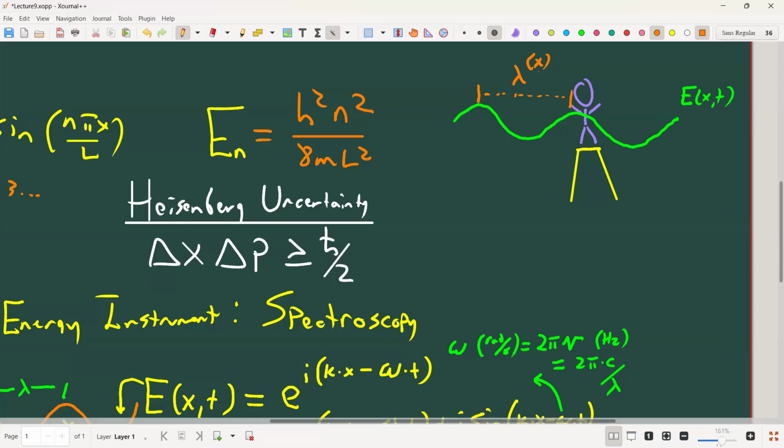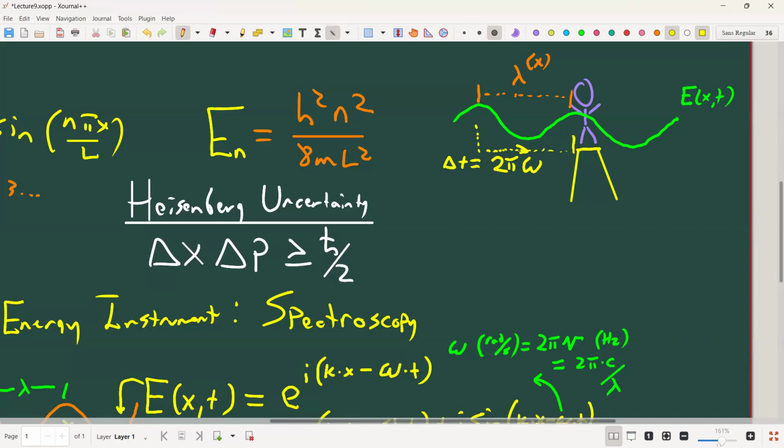Omega t is the time it takes for the next wave to hit you. So the amount of time it would take is 2 pi over omega, delta t, as this wave is moving in time with some velocity, which is the speed of light.